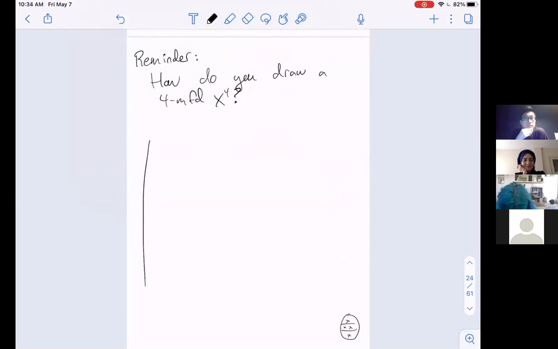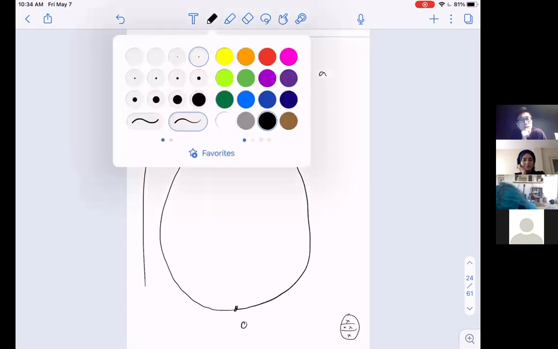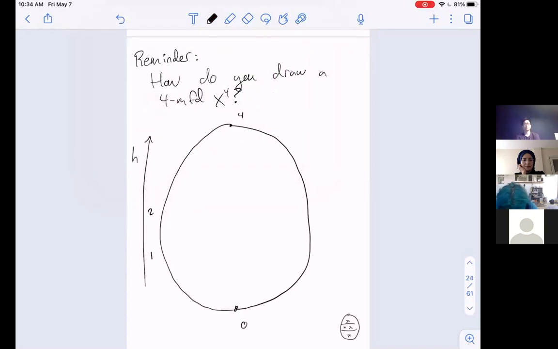I'm going to fix a Morse function, H, and make sure it just has one index 0 point and one index 4 point. Then I'm going to make it self-indexing, so all of my index 1, 2, and 3 critical points will be at the appropriate height. So something like this.